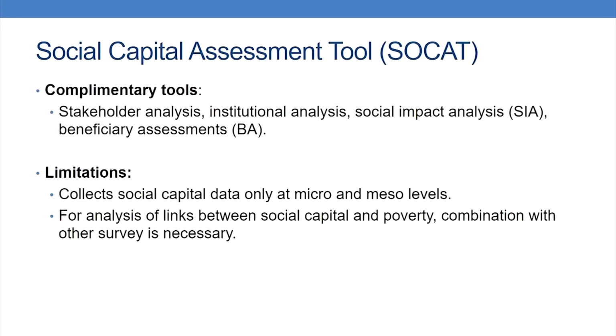So, stakeholder analysis, institutional analysis, social impact analysis and beneficiary assessments are some of the complementary tools that can be used along with SOCAT. And like various tools that are used, there are limitations of SOCAT as well. It collects social capital data only at the micro and meso levels, and for analysis of links between social capital and poverty, combination with other surveys becomes necessary.